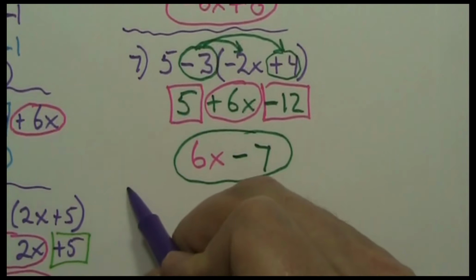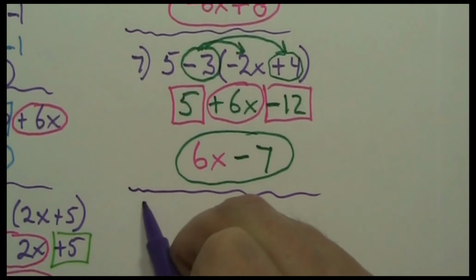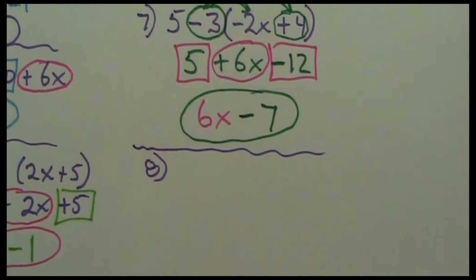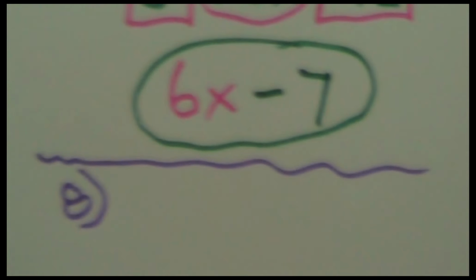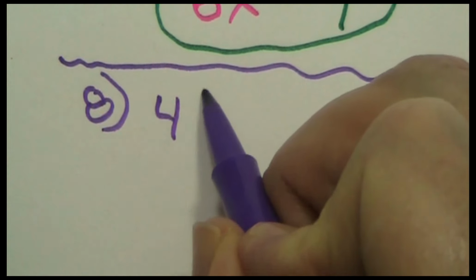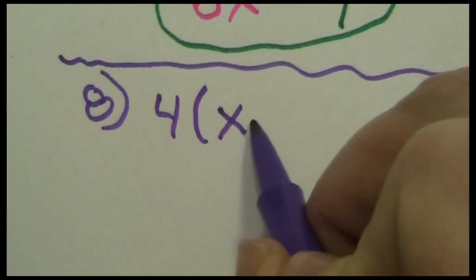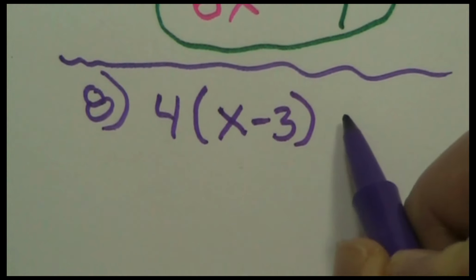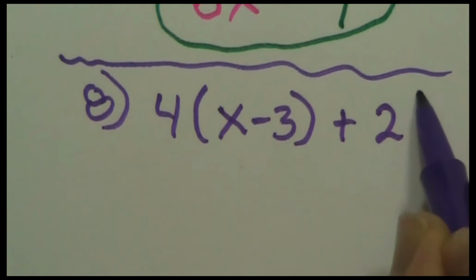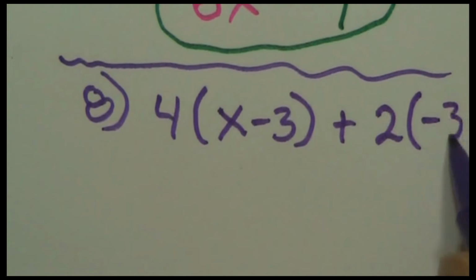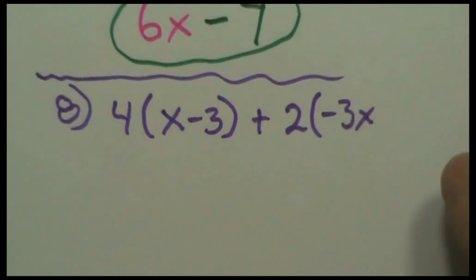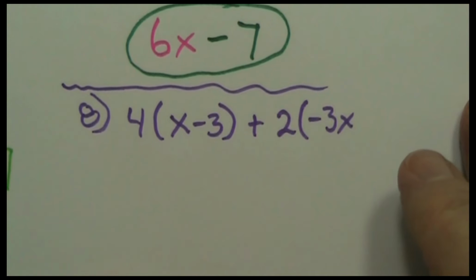Okay, just one more problem. Zoom in there a little bit. So we have 4 times a quantity x minus 3, and 2 times a quantity. It looks like we're going to be doing 2 distributive properties.